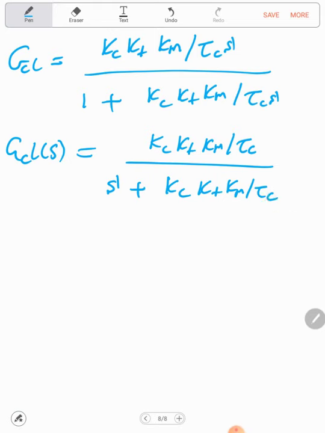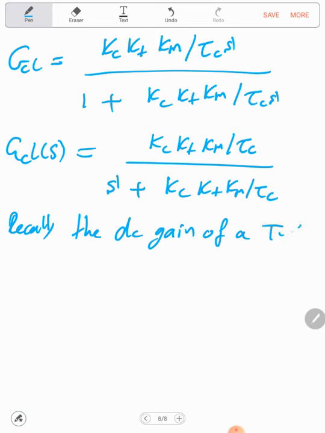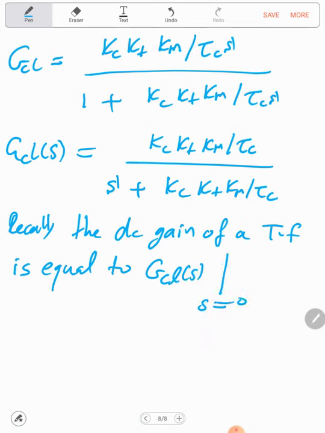Now, one observation here: the DC gain is equal to 1. I will recall that the DC gain of a transfer function is equal to GCL of S at S equal to 0.